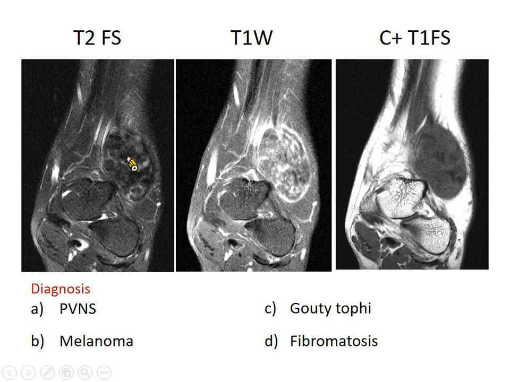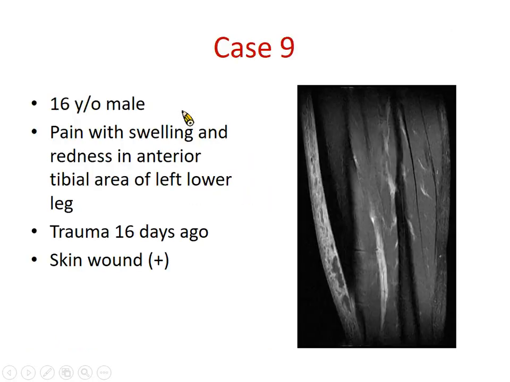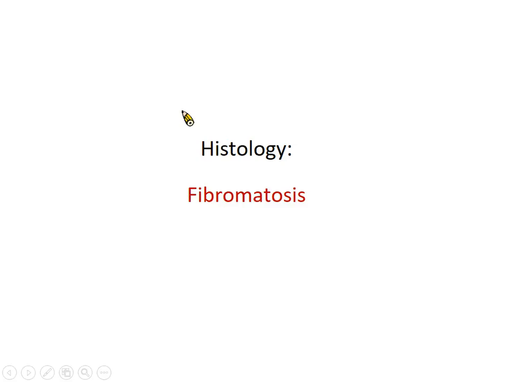But here we can see it's rope-like, combined together, fixed in a mass with just a few enhancement. That is typical for fibromatosis. And T1, it is not higher in signal, so it is not a melanoma. Okay, great. Difficult case. Let's shift to the answer.